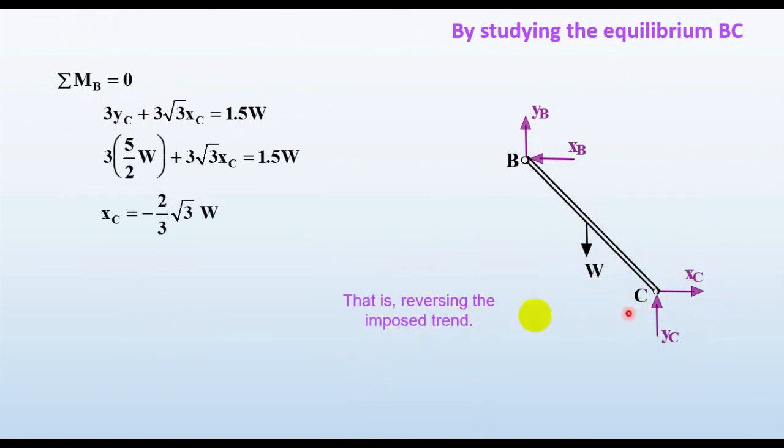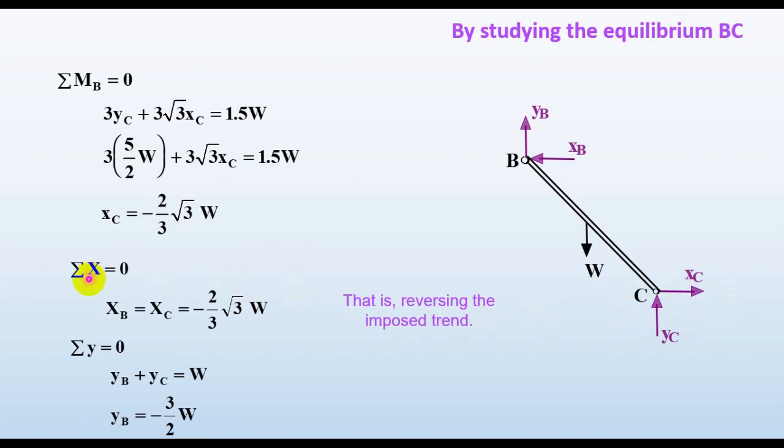So sigma X: XB equals XC exactly, and YB equals YC, but in a different direction, which is reversing the imposed trend.